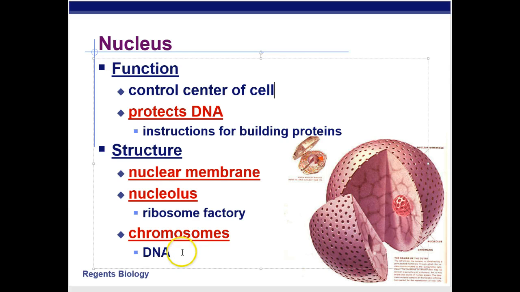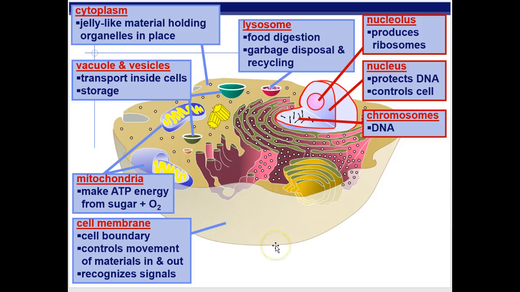DNA, when it's found in its organized state, wrapped around proteins, is called chromosomes. Humans have 46 of those. There's a picture of the nucleus with the nucleolus and the chromosomes.